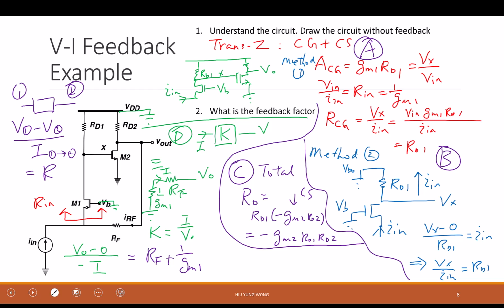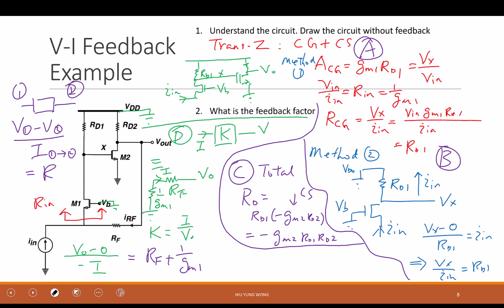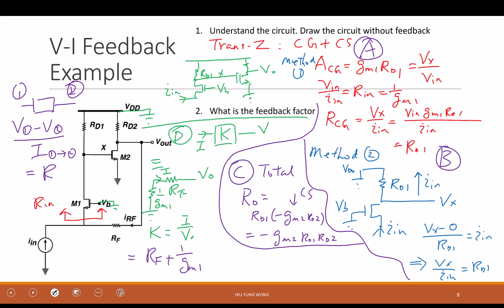Okay, so for those who will just look at the slide, I decided to change it a little bit because those people are not listening to our discussion. So I decided to use the other direction: 0 minus V divided by I equals RF plus 1 over GM. It's exactly the same as what you defined, right?